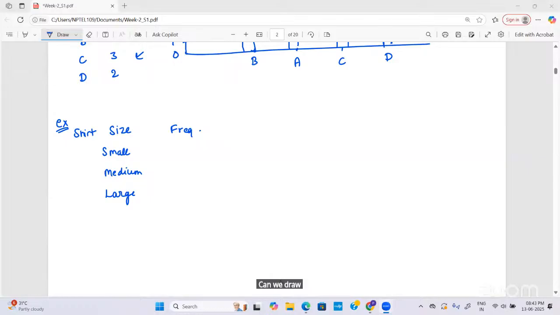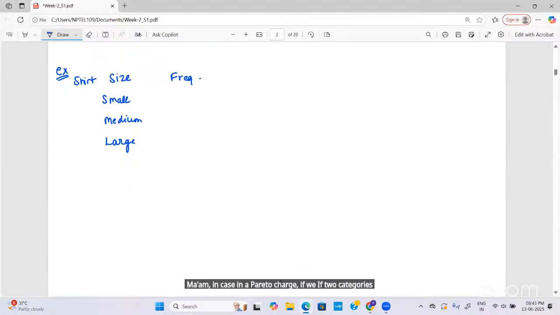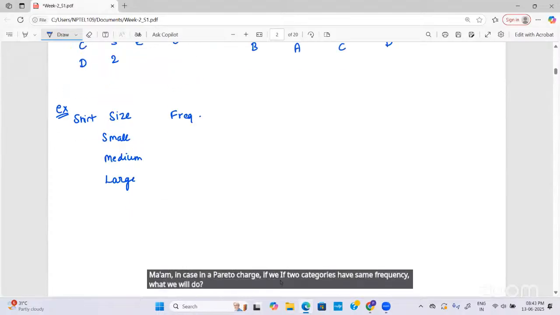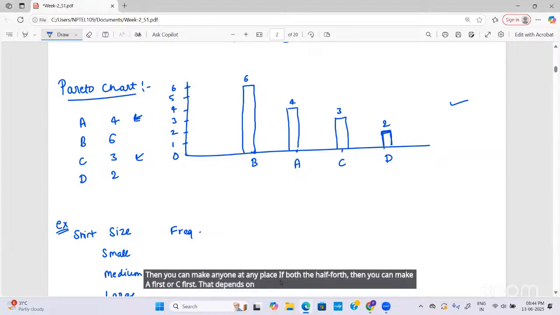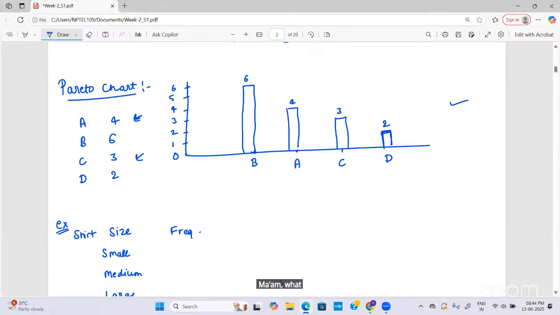Ma'am, in a Pareto chart, if two categories have the same frequency, what will we do? Then you can put either at any place. If both have four, then you can make A first or C first. That depends on you. In the practice question, some Pareto charts were given.